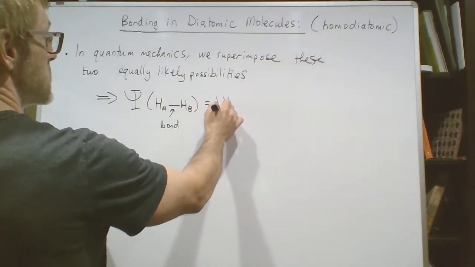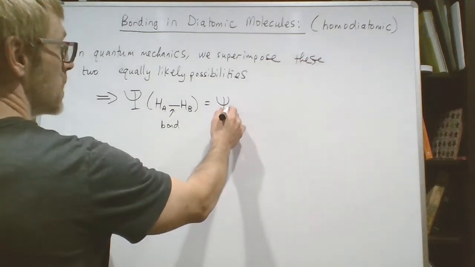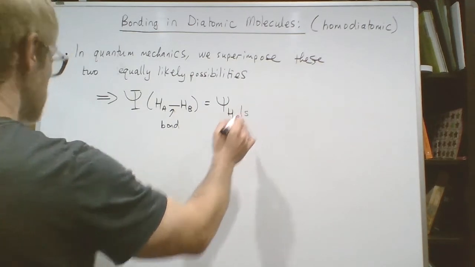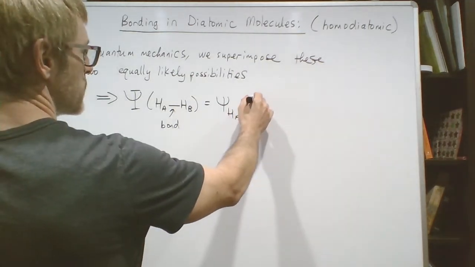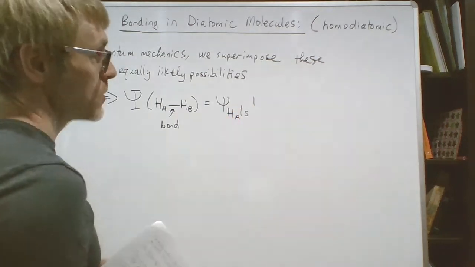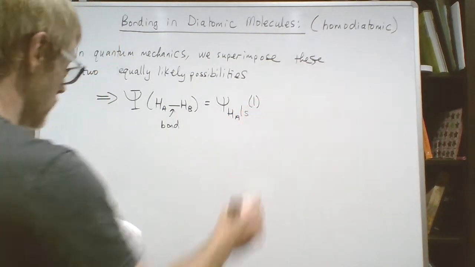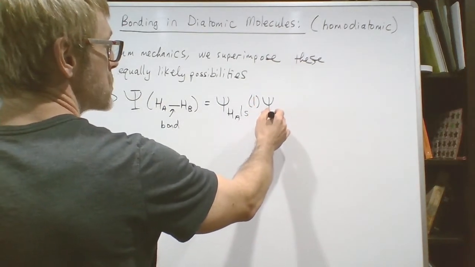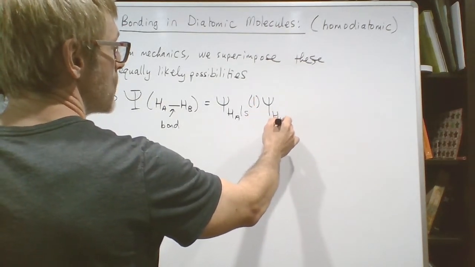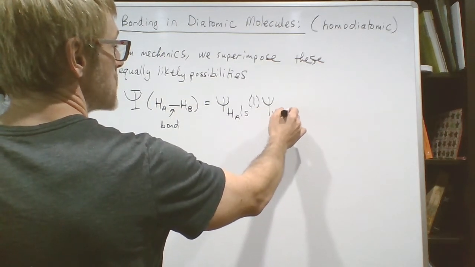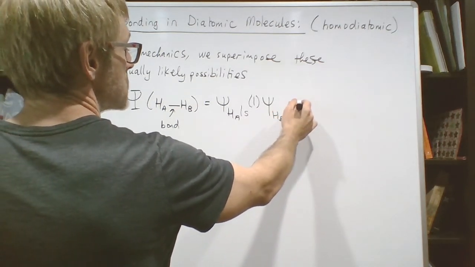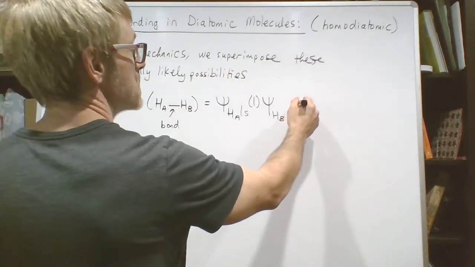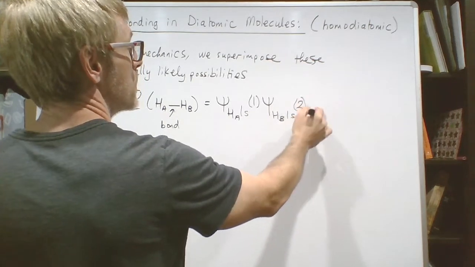So we would say it's the wave function psi of hydrogen A, its 1s orbital with electron I'm calling number 1, as a product with wave function psi of hydrogen B, its 1s orbital with its electron I've called electron 2.